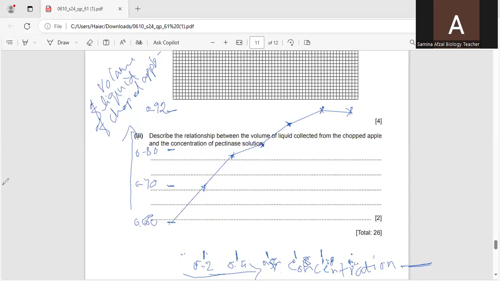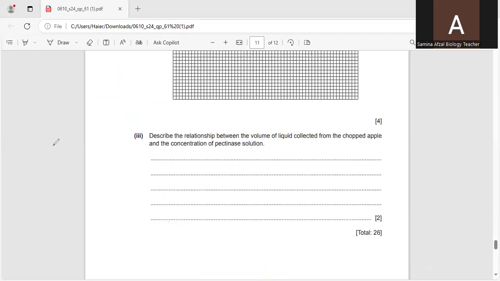And the last question is: describe the relationship between the volume of liquid collected from the chopped apple and the concentration of pectinase solution. I already told you that as the concentration is increasing, the volume obtained is also increasing.